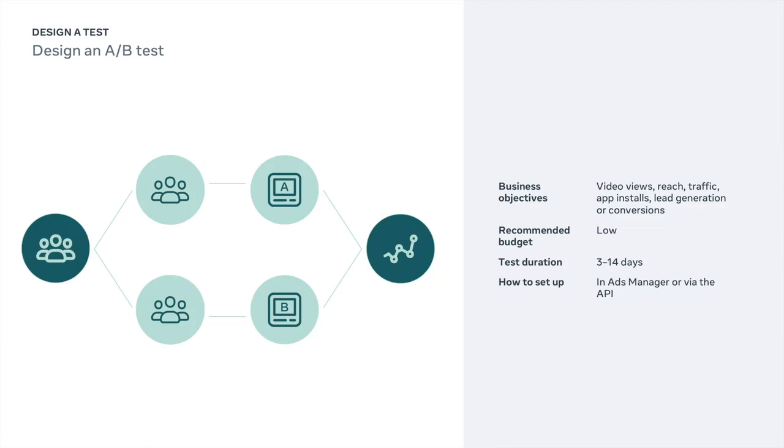A/B tests work for the video views, reach, traffic, app installs, lead generation, or conversion ad objectives. They don't require a high budget compared to lift tests, and the recommended test duration is 3 to 14 days. This makes them great for quick, tactical, everyday optimizations.